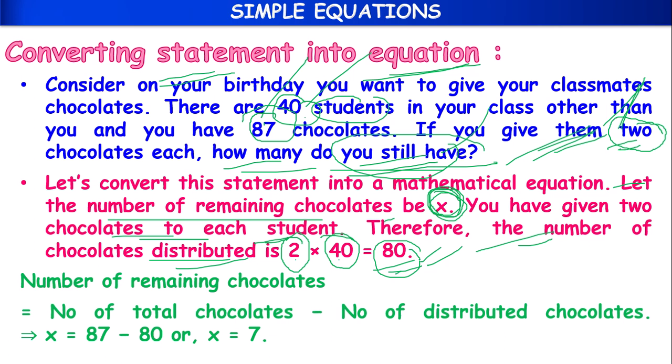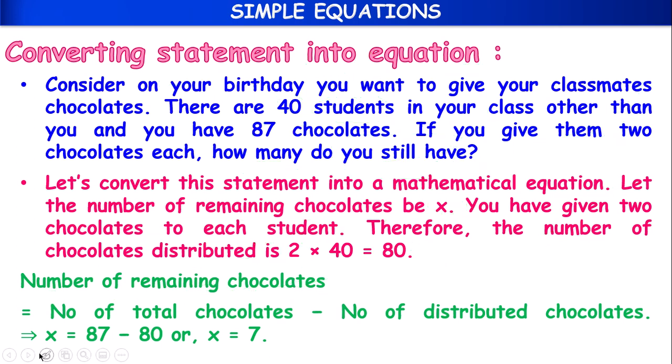But how to get the number of remaining chocolates? According to normal mathematical calculations, we can calculate the number of remaining chocolates when we subtract the number of distributed chocolates from total chocolates.